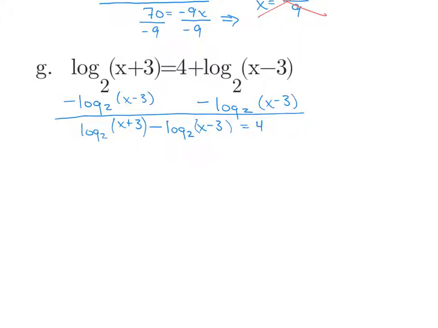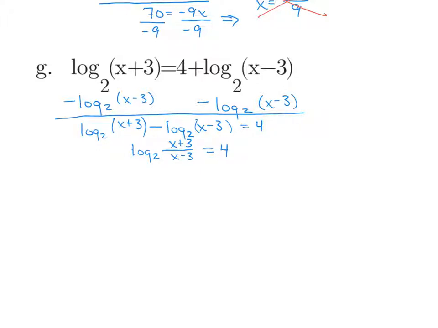I can now go ahead and rewrite this as a single logarithm. We get log base 2 of x plus 3 over x minus 3 equals 4. Since it's subtraction, I convert it to division.